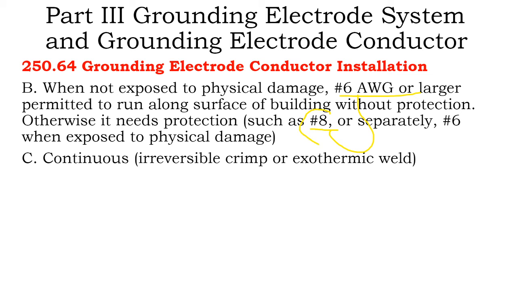I always use a number 8 because I tuck this grounding electrode conductor inside the conduit of my pre-built cable, MC cable. So I select my MC cable knowing that I have to run a number 8 ground up to the rooftop. I select number 6 MC cable, which comes with an undersized ground. That gets me my number 8 ground up to the rooftop.